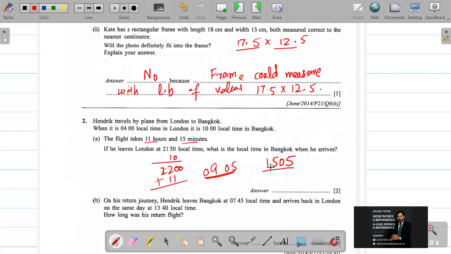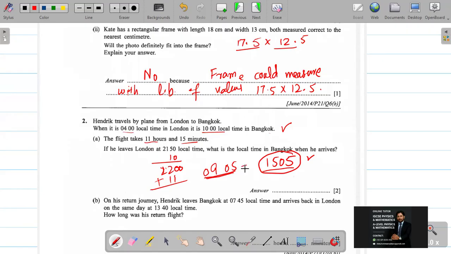At Bangkok will be like this. If he leaves London 9:50, what is the local time in Bangkok when he arrives there? So this will be the arriving time for the question over there. When it is 4 local in London, then 6 hours forward is for Bangkok over there. Okay. So just look the time differences, that is 6 hour.